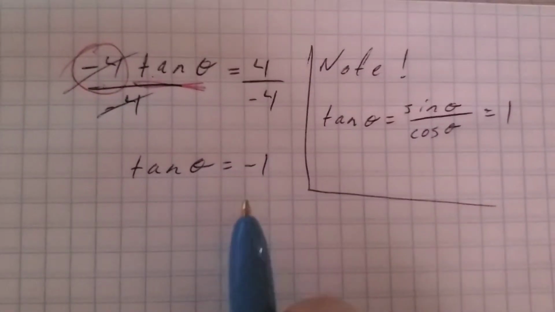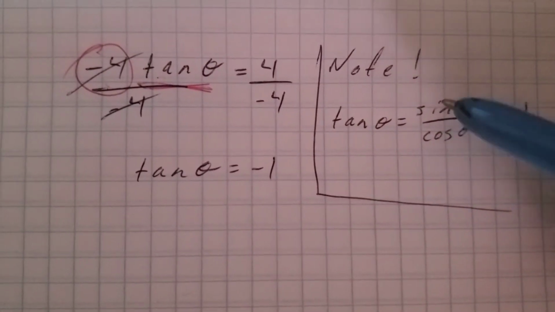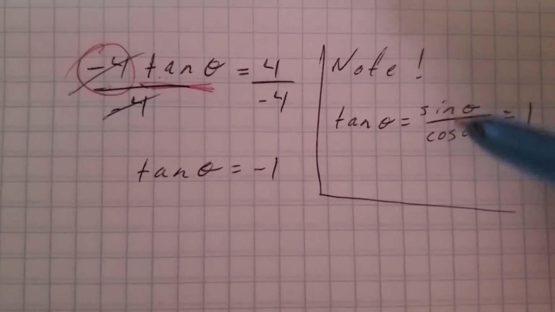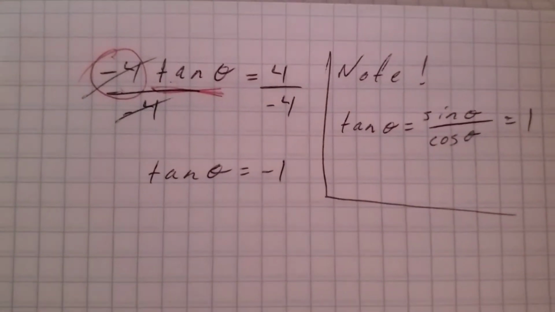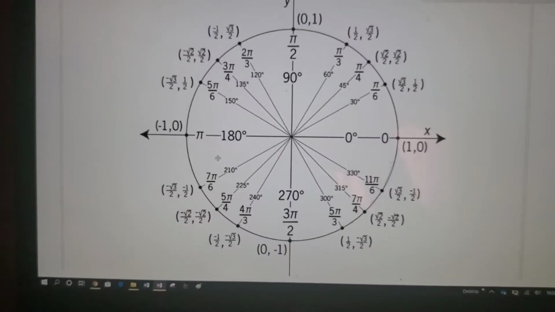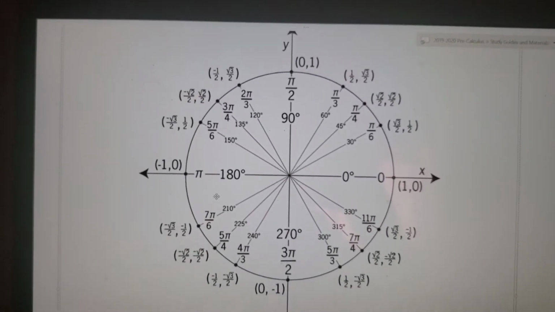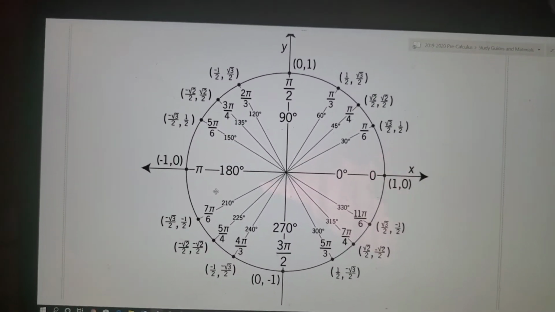In this case, we don't have 1, we have -1. That means that these two have to have the same magnitude, but one of them has to be positive and the other one negative. So I'm going to look at my unit circle, looking for places where sine and cosine are the same.